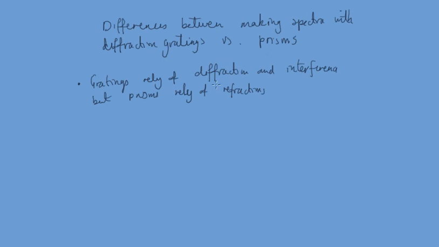So these three properties of waves, diffraction, interference and refraction, are being used in different situations, all to create the same effect of showing the spectrum of light of the original wavelength. But it's important to know that what's actually causing the spectrum are these three different principles working in different situations.